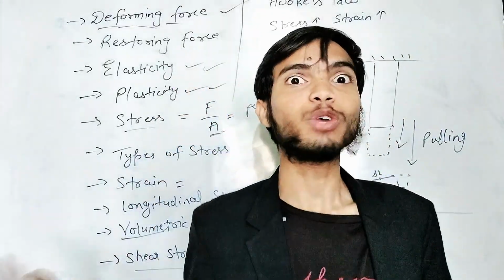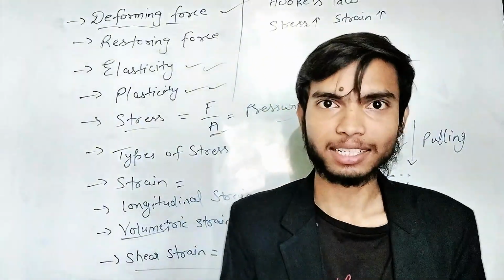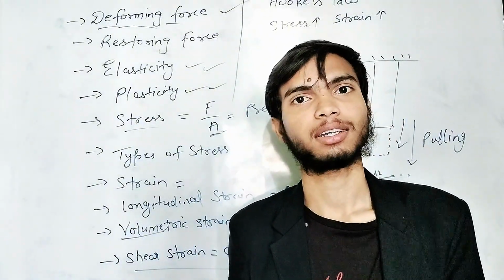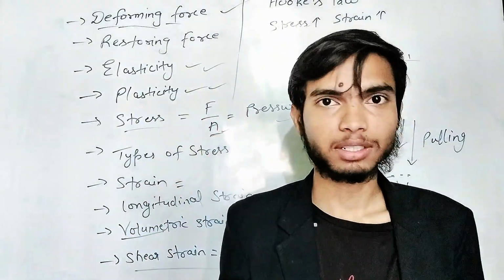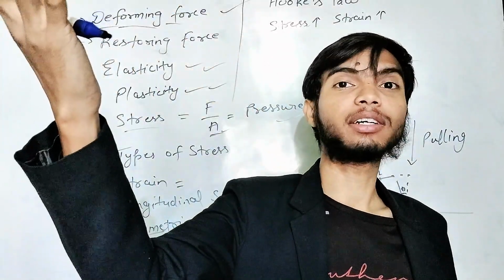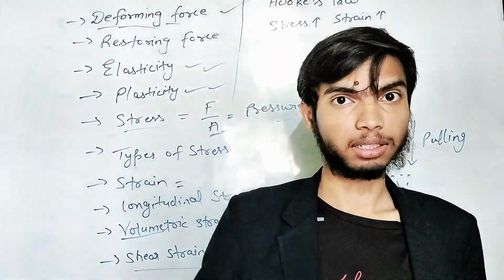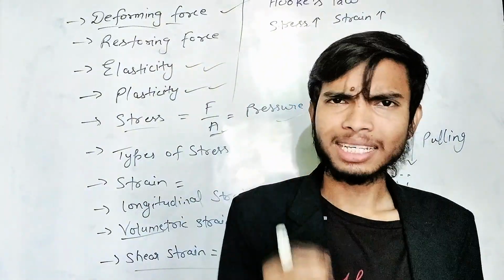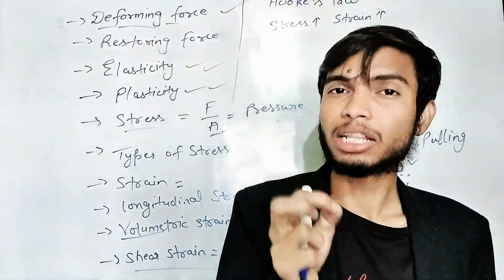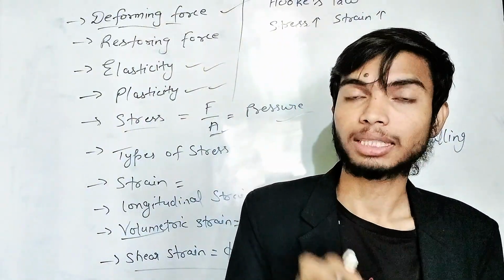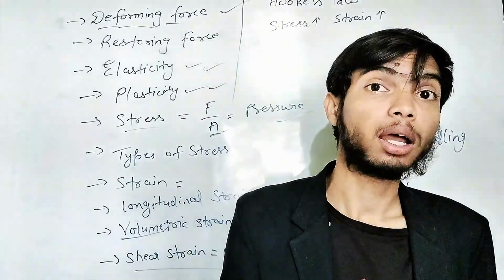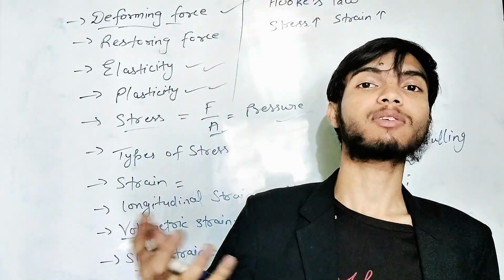We feel that it is very difficult, but once you understand, it becomes very easy because it is related to nature. It happens in our daily life, and we can visualize it. I know this is in the form of text in our book, and we are not able to visualize that much.